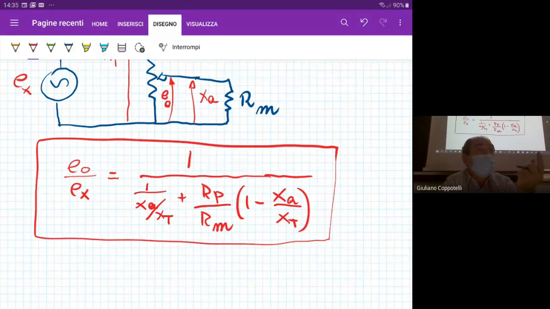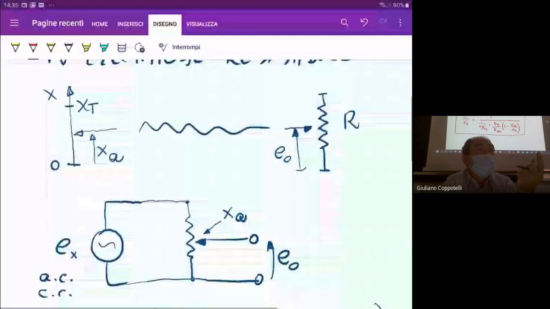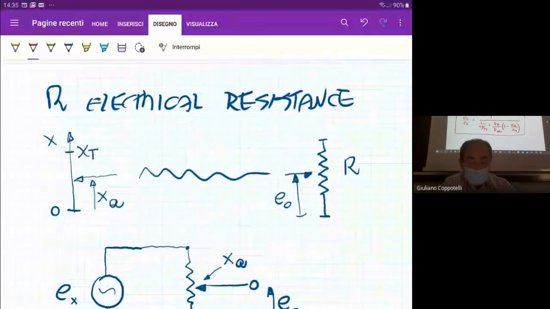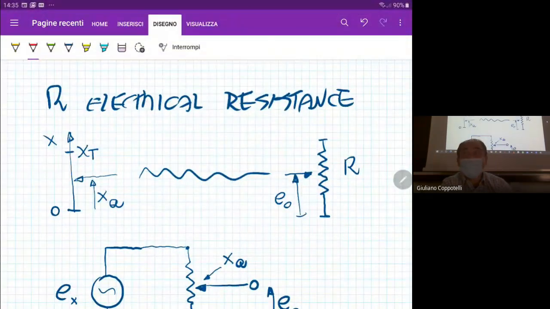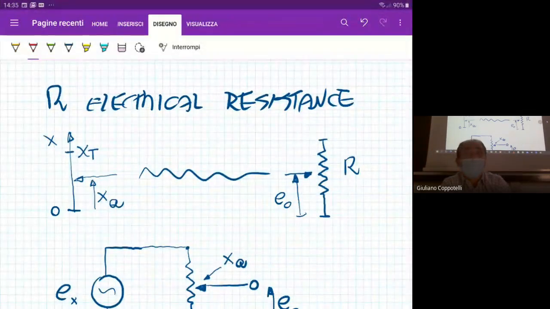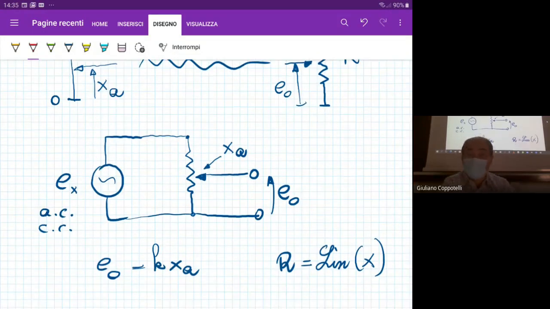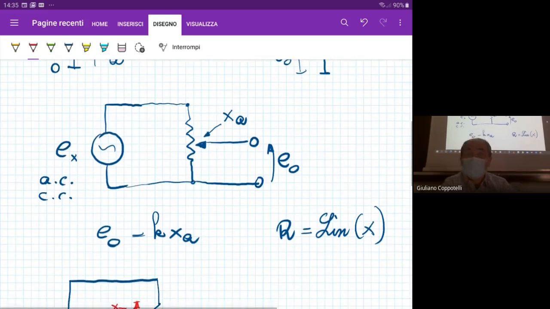If you go back to the very beginning, you would like to know your XA once you measure EO, the output tension, from your measuring circuit. The basic circuit is the one that does not include any measuring device. This one is very easy, and for that, we can see in a few minutes that the relation between the output tension and the unknown displacement is linear. There is just one constant K to be defined.